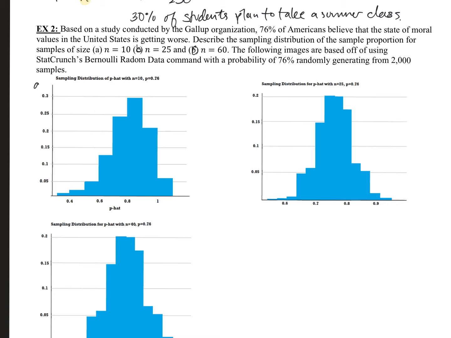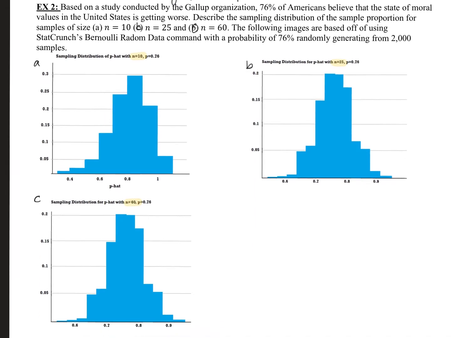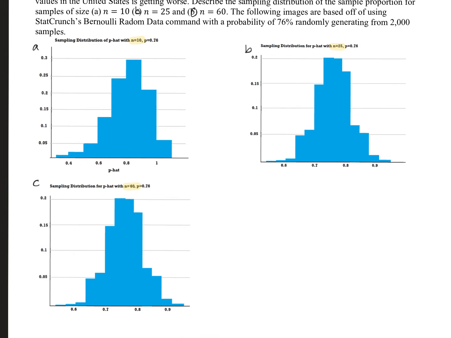So we have three different ones. For A, we use the sample of n equals 10. For B, we use the sample size n equal to 25. And for C, we used n equals 60. So we used different sample sizes, and what did we notice about the graphs as the sample sizes slowly got bigger?